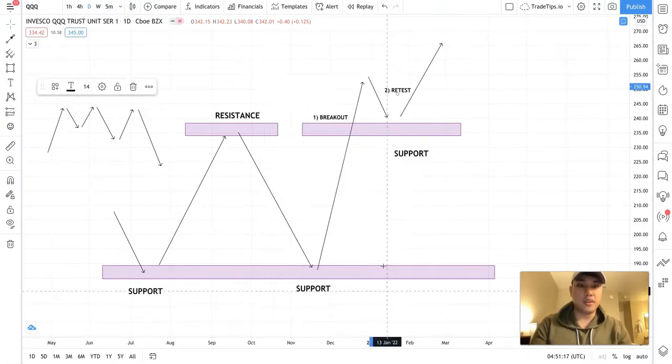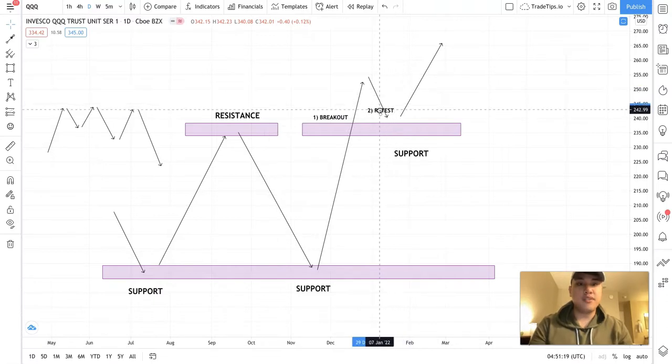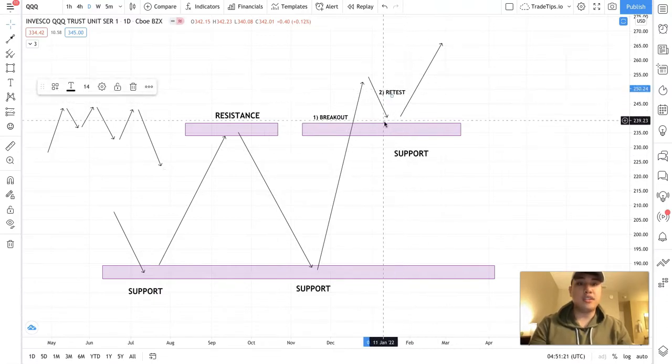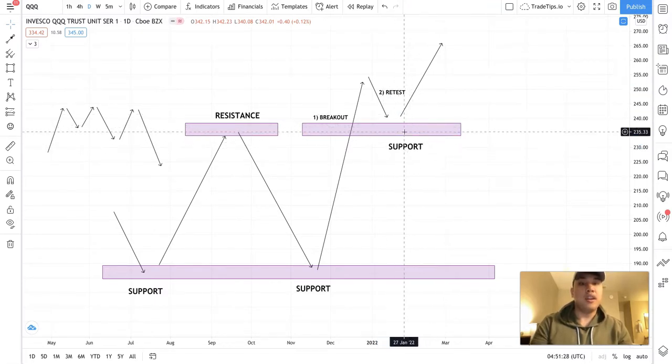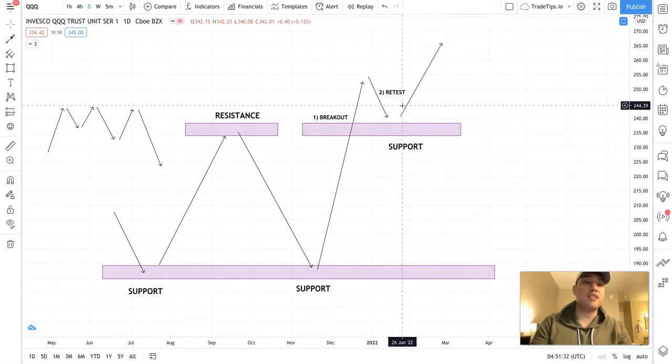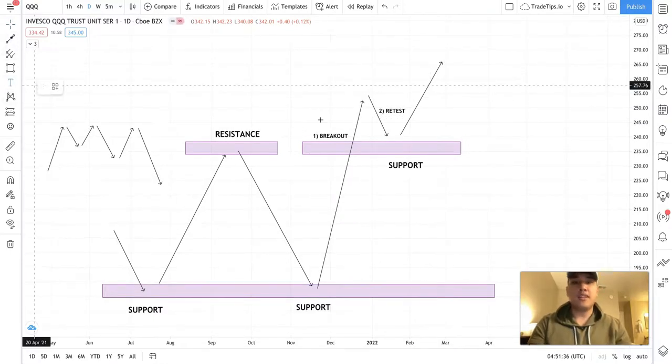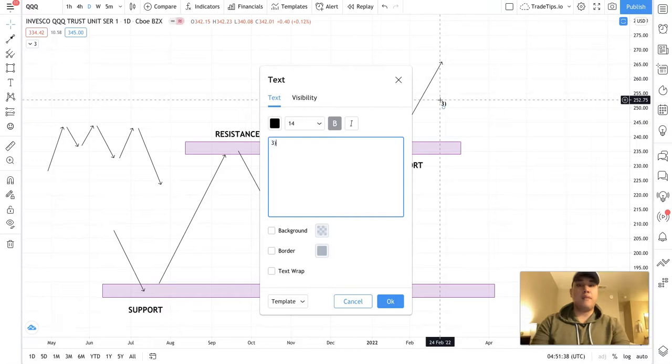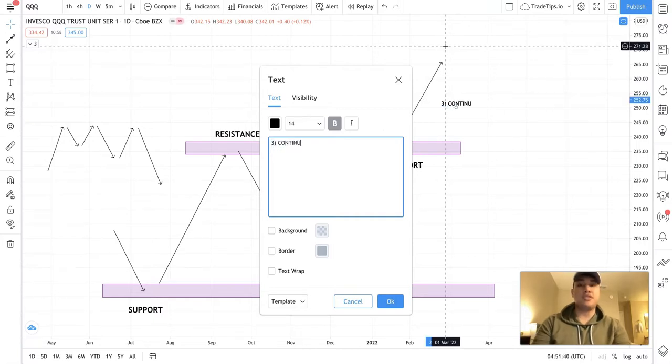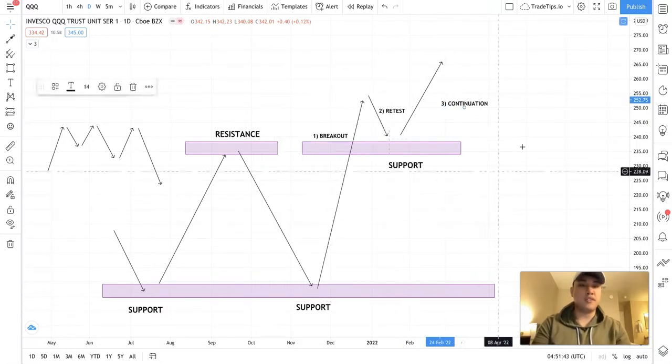In the retest, I want to see price come down and test this former resistance and see if it acts as support. Usually during the retest phase, that's when we enter most of our trades. And then if we do have a continuation, I just call that the continuation phase.